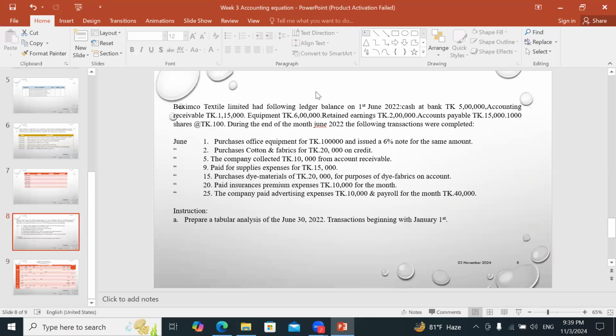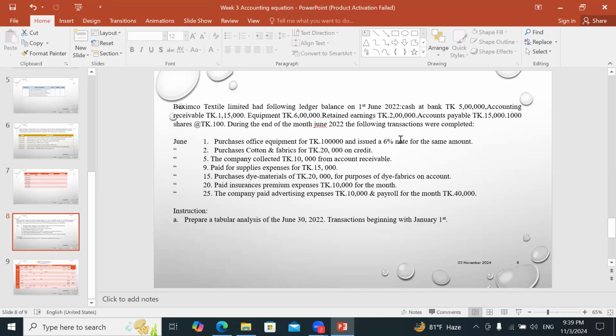Then you put it in serially. June 1st, purchase office equipment. One kind of asset. Asset increases.